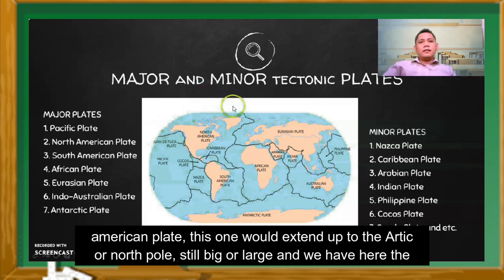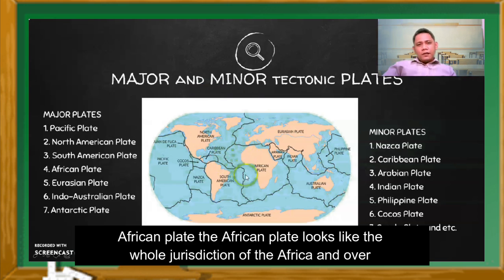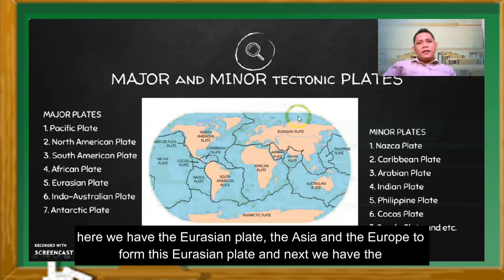It's still big, still large. And then we have here the African plate. It looks like the whole jurisdiction of Africa. And over here we have the Eurasian plate, Asia and Europe combined together to form this Eurasian plate.